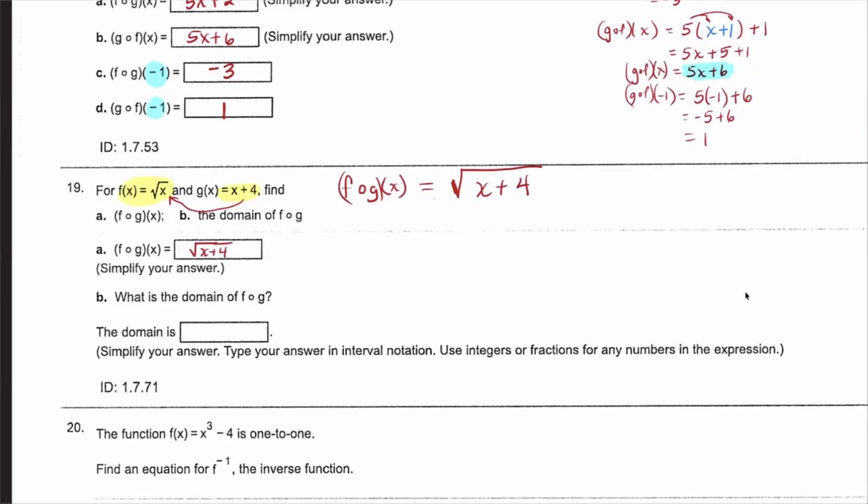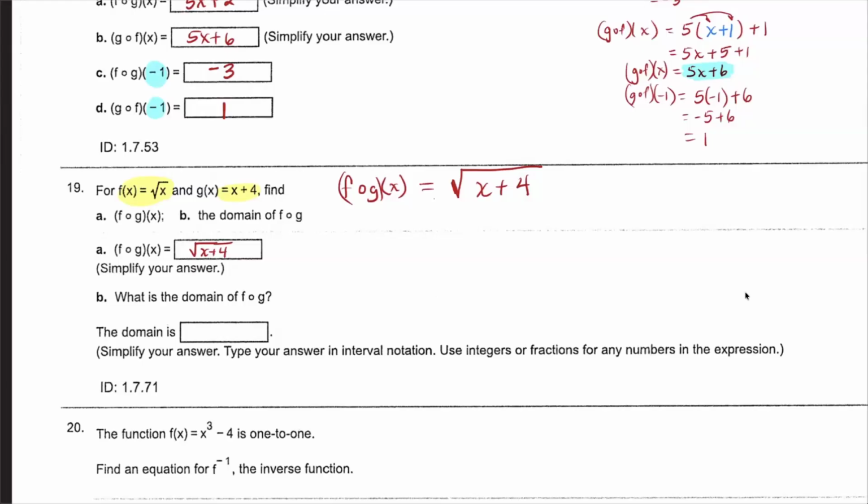But what's the domain of the composite function? Well, you have to consider the domain first of the inner function. Notice that the inner function g is a polynomial, x plus 4. G doesn't have any domain restrictions because it's a polynomial. But once I put g into the square root, the new function does have restrictions.